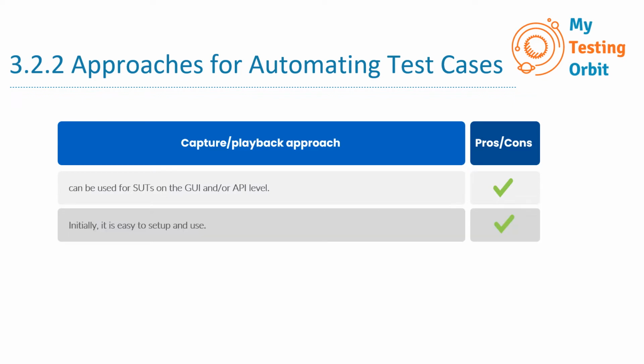Initially, it is easy to set up and use. And why is it easy to set up and use? Because there is no planning required. You just need the tool, understand the tool and start using it. And no programming skills are required, and the development cost would be quite low.